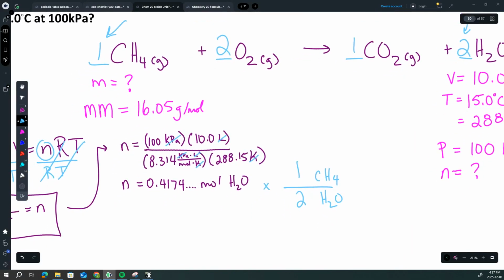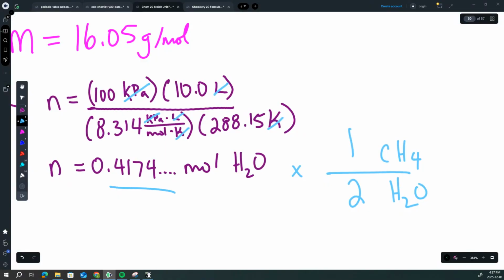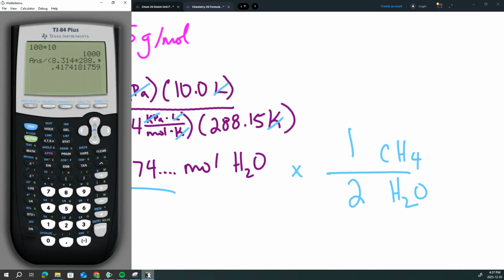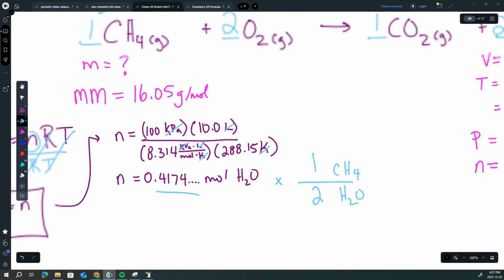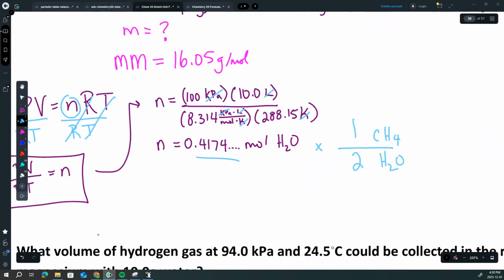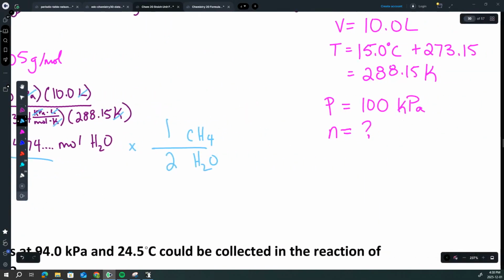Okay, so essentially what we're doing here is we're taking our 0.4174 and just dividing it by 2. You can go times by 1 divided by 2, but this number divided by 2 will give you the same answer. Okay, so 0.2087 goes on forever. Let's see how much room.